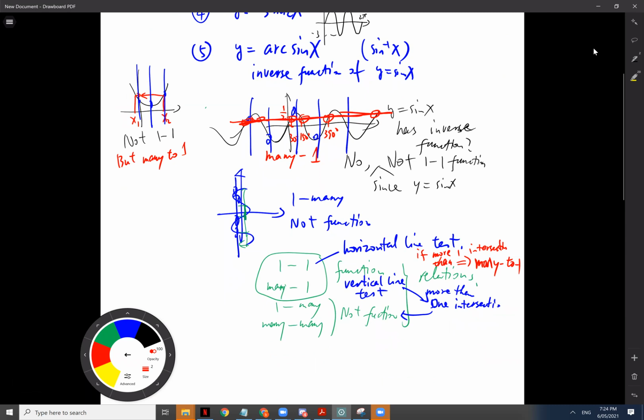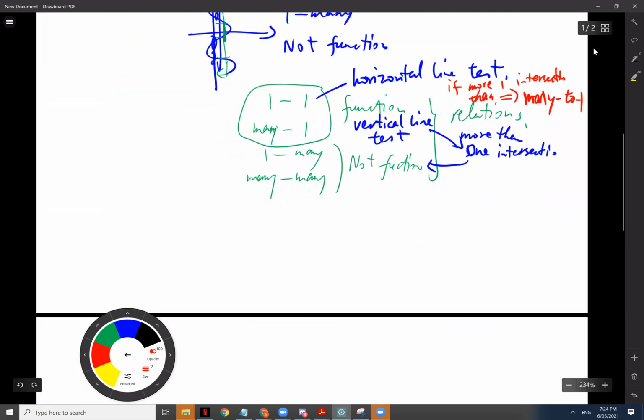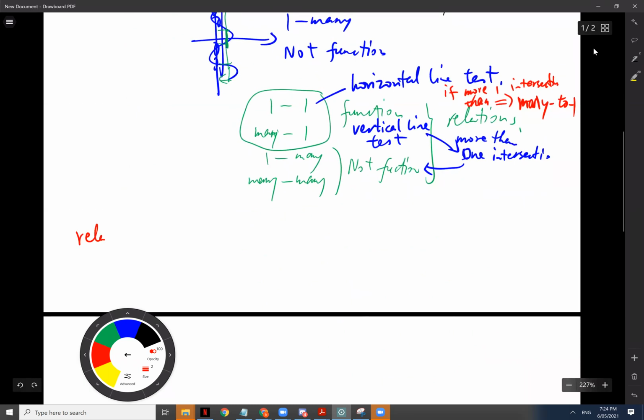Okay. So if we sketch a flow chart, you have a relation and a vertical line test. You try the vertical line test. Pass means only one intersection, and then it's a function. No, not a function.